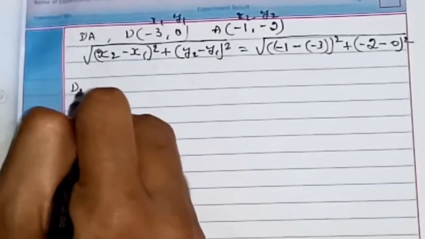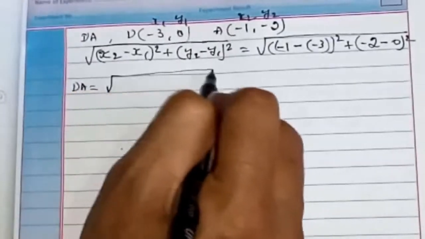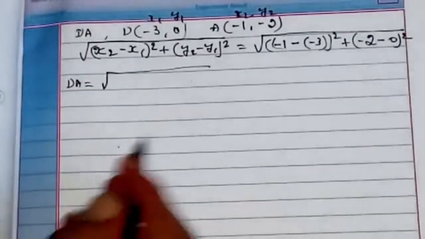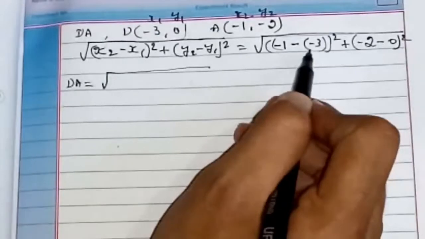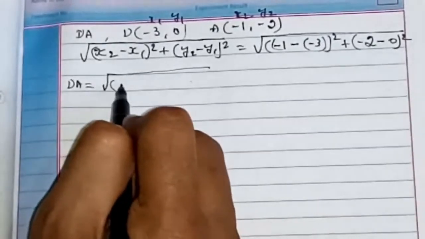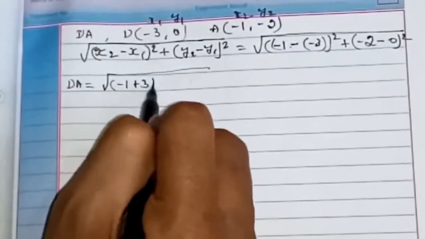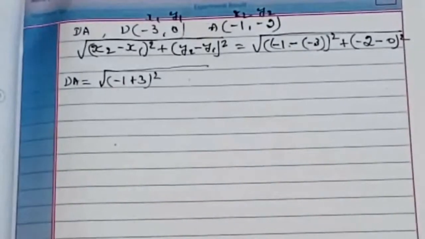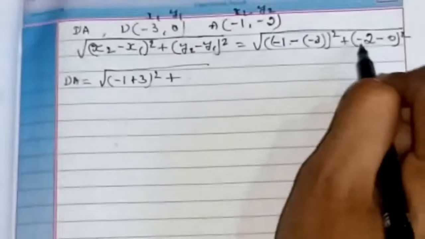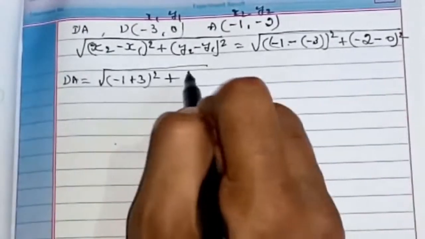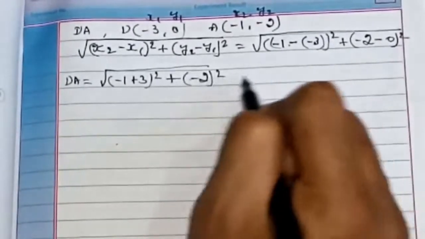So therefore DA is equal to square root of, now open the bracket. Write down minus 1 as it is, minus into minus is plus 3 whole square, plus, minus 2 minus 0 is minus 2 square.